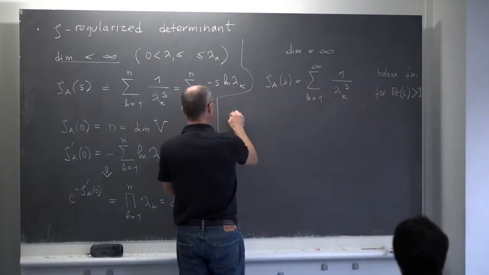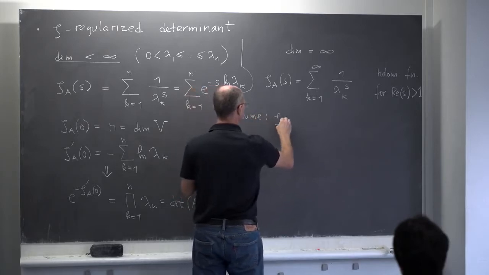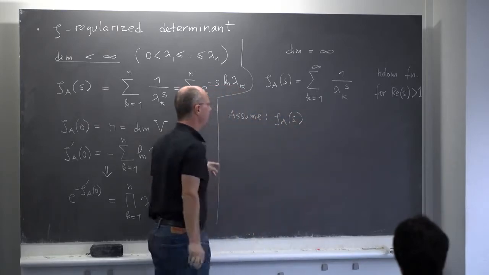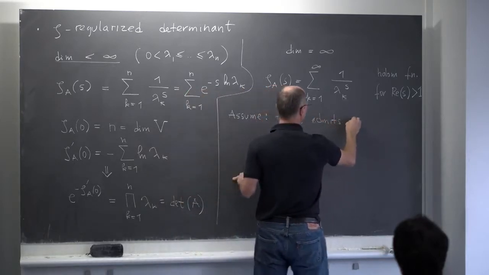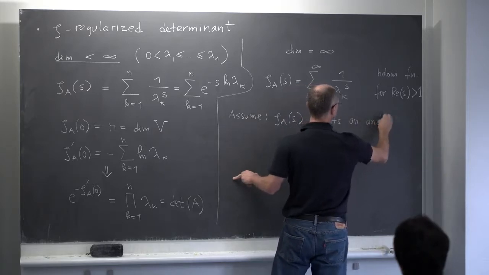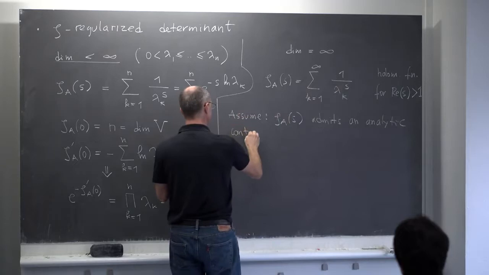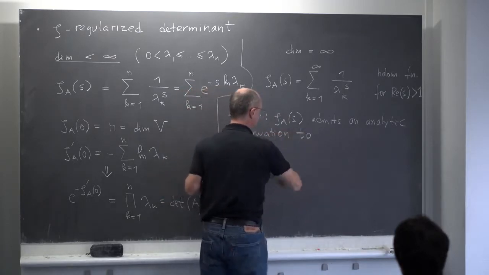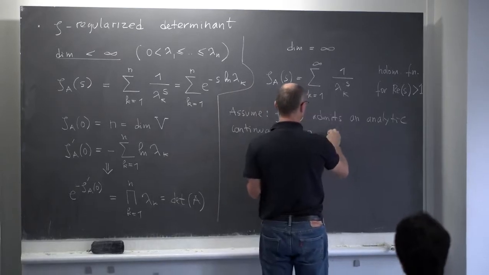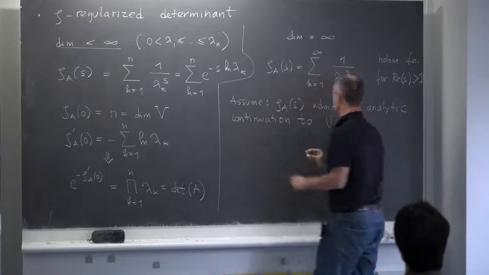Now let's assume that zeta A of s admits an analytic continuation to some open neighborhood of 0.